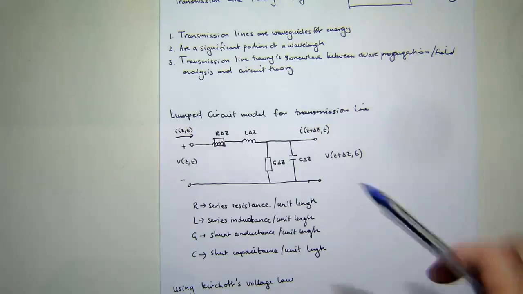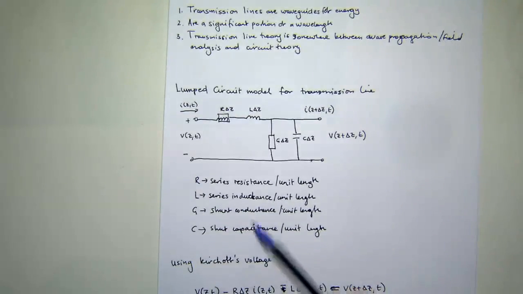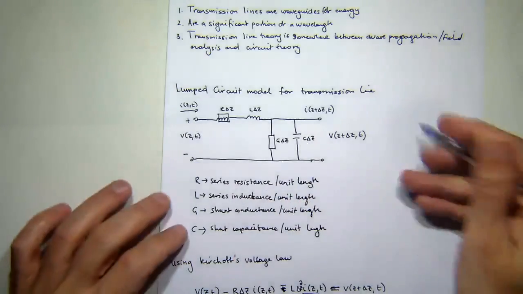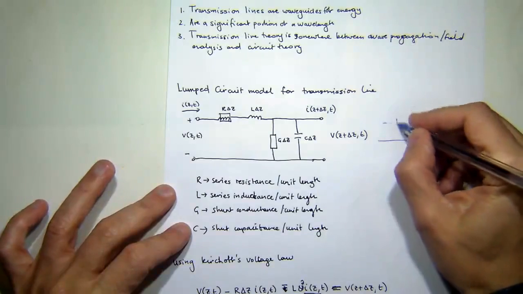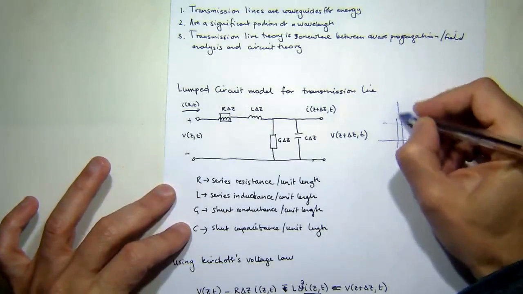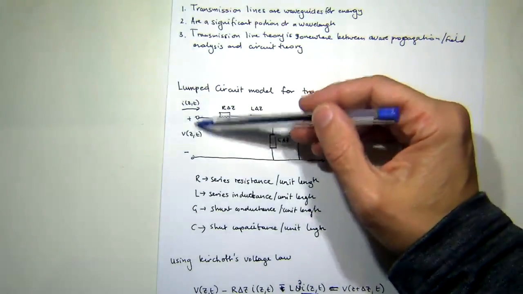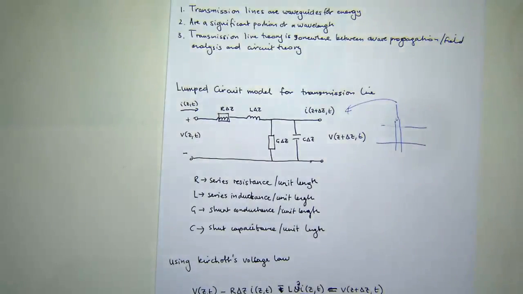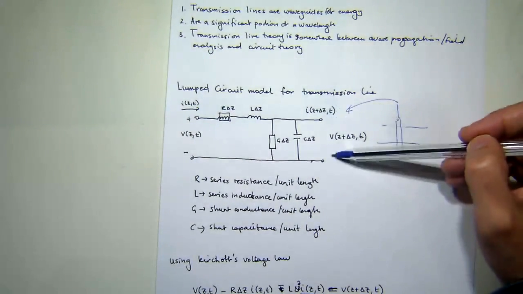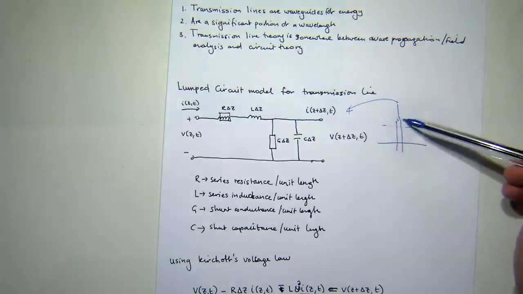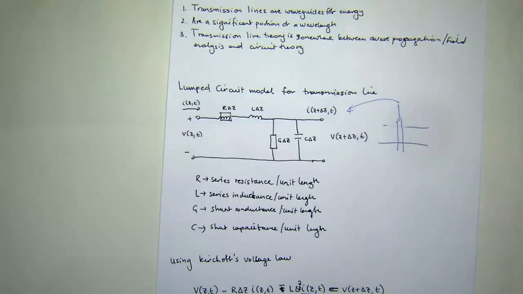And essentially we're saying, well, at this interface there's a voltage and there's a current going in. Then of course there's going to be a current leaving and a voltage at the other end of this segment of transmission line.